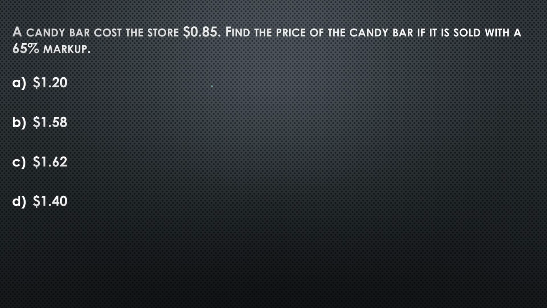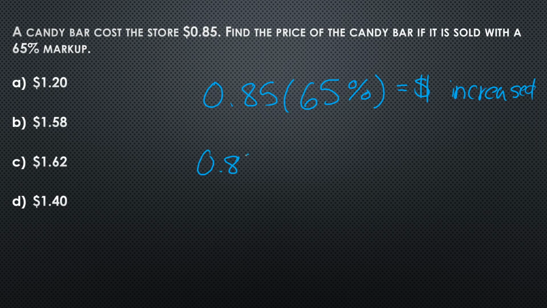So again, I'm going to take the price of my candy bar, which is 85 cents, and multiply it by 65%. And this is going to give me the amount of money it is increased by. And again, don't forget I need to change my percent into a decimal first.